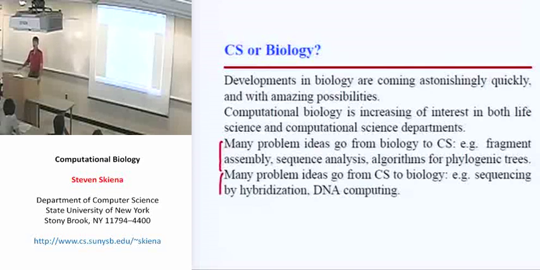When you talk about microarrays, which is a very important technology these days, I would argue that is really an idea that somehow came out of the computer science people. And then people started saying, oh yeah, this would be a good thing to build. People started building arrays and studying what their properties were. So there's definitely a good mix of interaction between computer science and biology in this field.